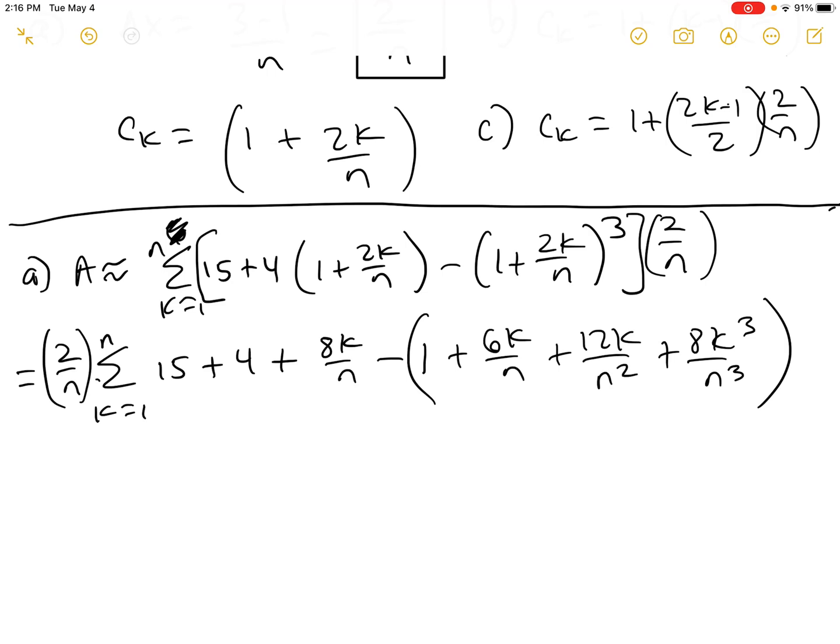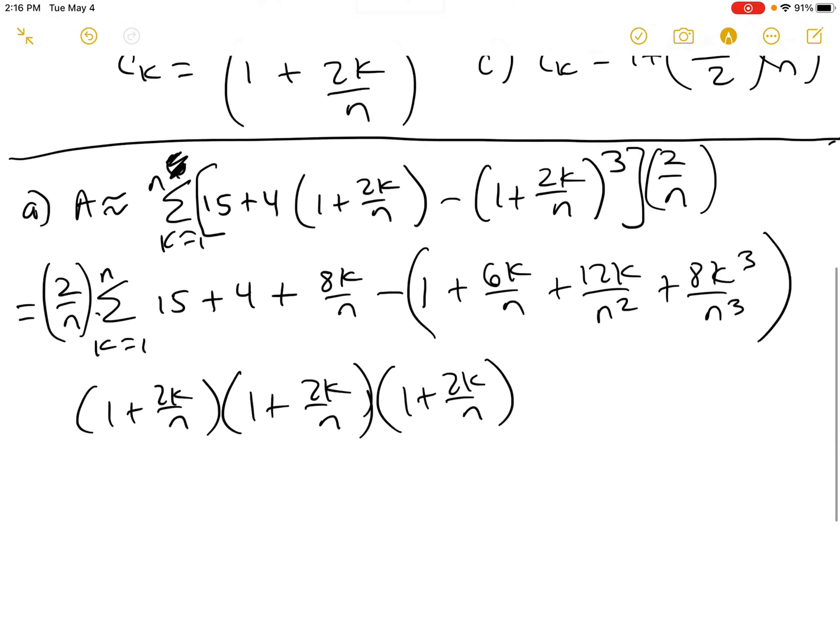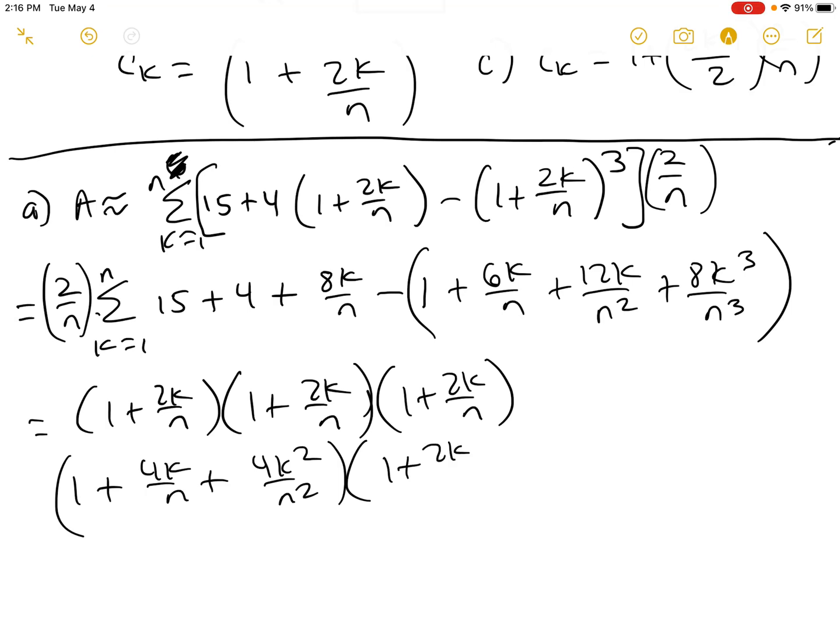To get that I used the binomial theorem, but you would want to go like this. The first term would be 1 plus 4k over n plus 4k squared over n squared, times 1 plus 2k over n.